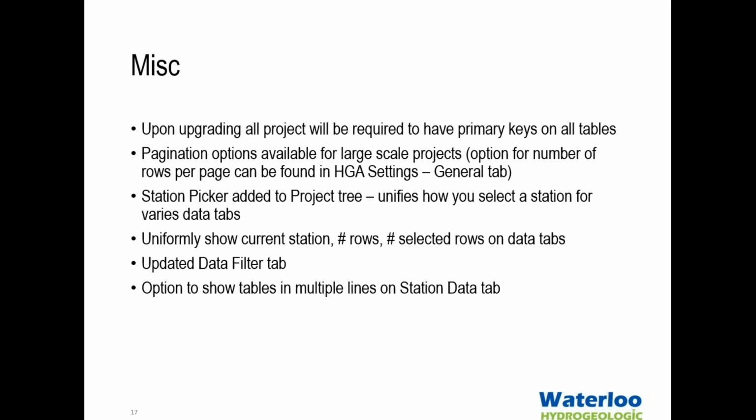With the pagination options, you can specify how many records per page are going to be displayed. As an example, if you have 100,000 stations, when you hit the all stations station group, the station list is going to display all 100,000.